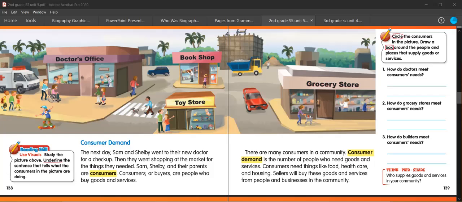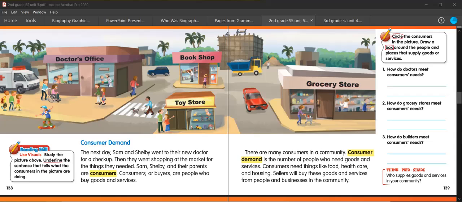Consumers need things like food, healthcare, and housing. They will buy these goods and services from people and businesses in the community. Quick check. How do doctors meet consumers' needs? Quick check. How do grocery stores meet consumers' needs?